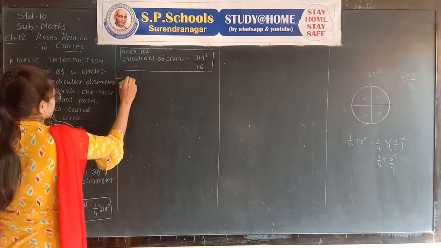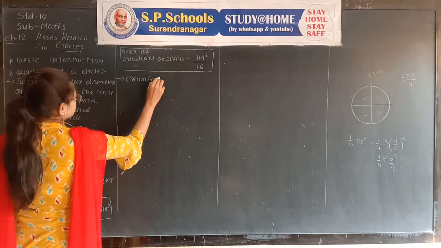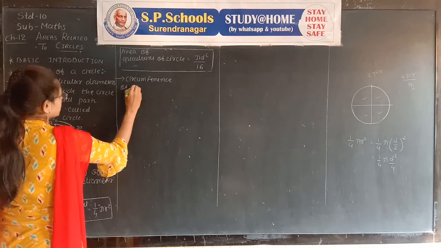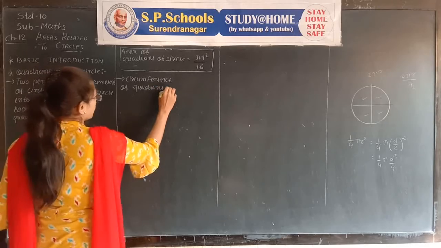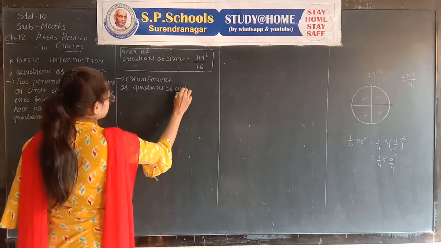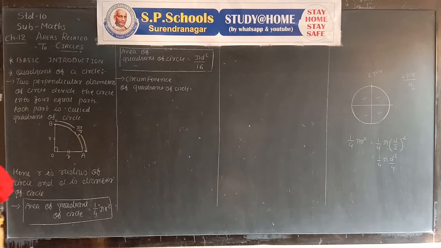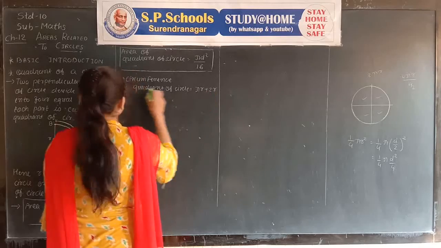Next, perimeter or circumference. Circumference of a quadrant of a circle is equal to pi r upon 2 plus the addition of 2 radii, pi r upon 2 plus 2r.